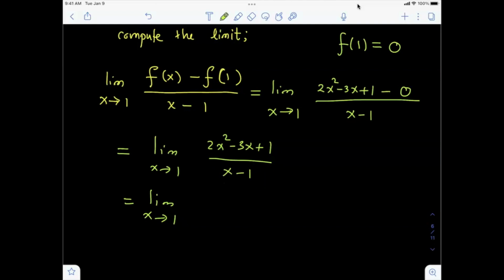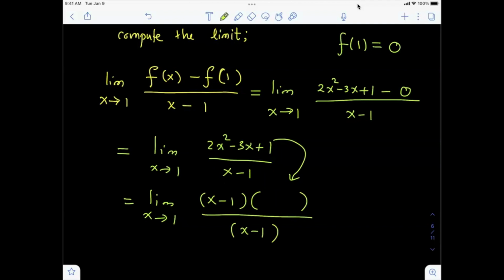So this is what I'm going to do. I'm going to write that factor right away. Let me just write it in front. The purpose is to have this factorization. In the denominator, I already have x minus 1. Now the mystery is this second factor. It's pretty easy to recognize.